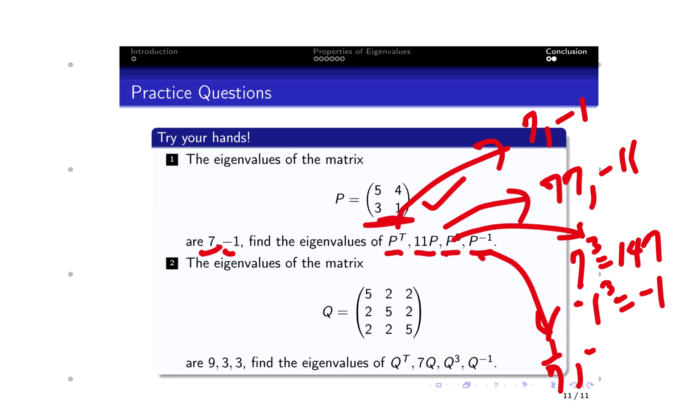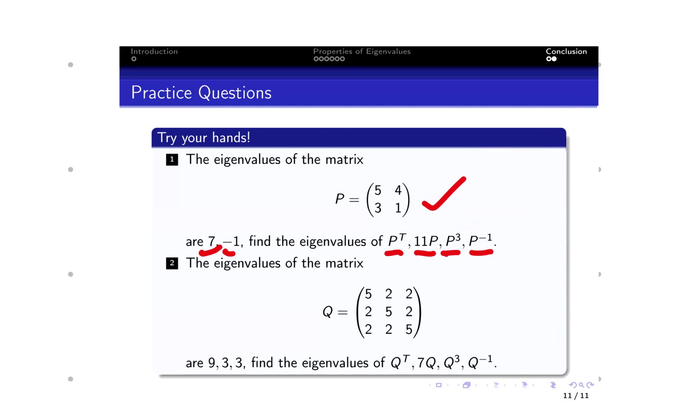So the same thing is what you're going to have for the second question. The eigenvalues of the matrix Q, which is equal to 5, 2, 2, 2, 5, 2, 2, 2, 5, are 9, 3, and 3. Find the eigenvalues of Q transpose, 7Q, Q cube, Q inverse. Again, you don't have to look for Q transpose. Just say for Q transpose, the eigenvalues are going to be the same. For 7Q, the eigenvalues are going to be each of these multiplied by 7.